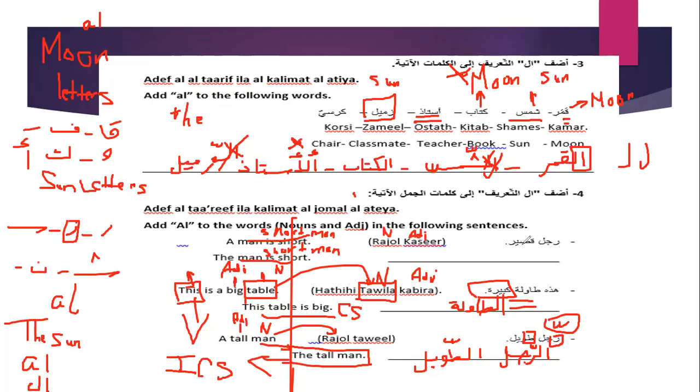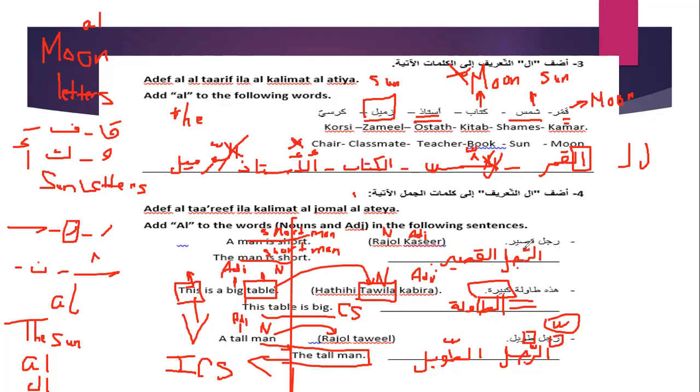So رجل قصير, الرجل القصير, okay? Let's look at the letters coming after the Al. Is it a moon letter or a sun letter? Ra, let's look here, Ra. So Ra is a sun letter, definitely we have to put Shadda.